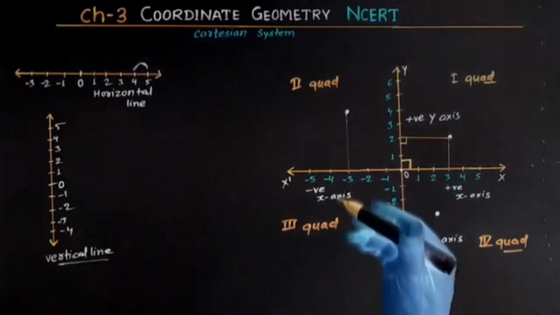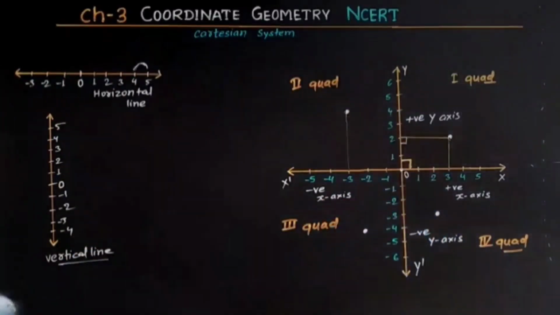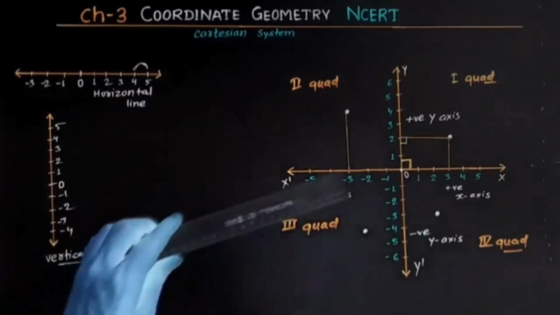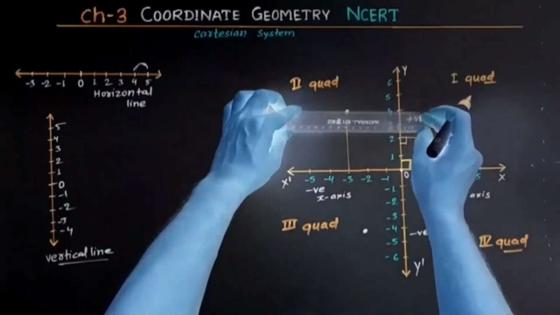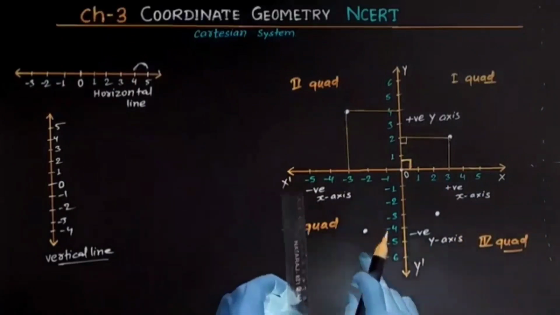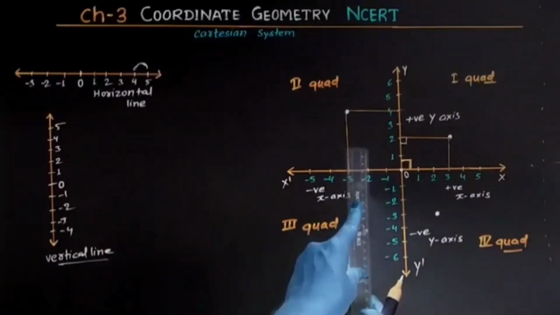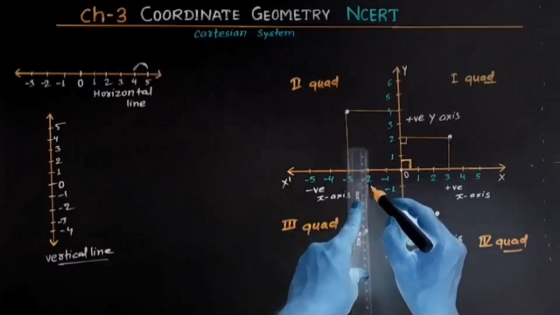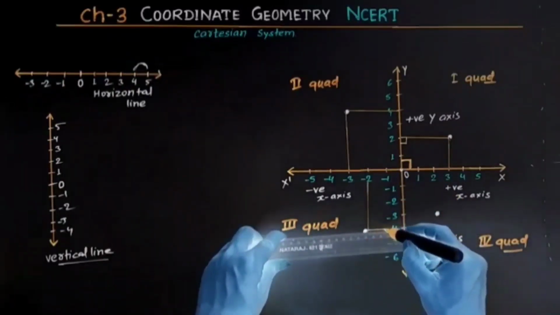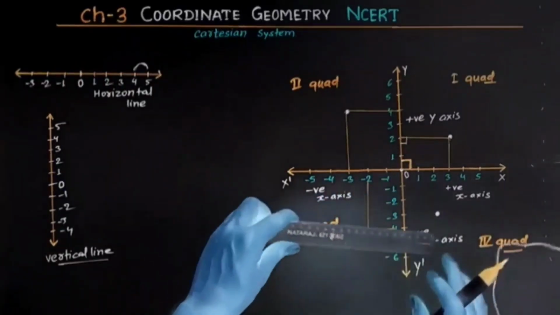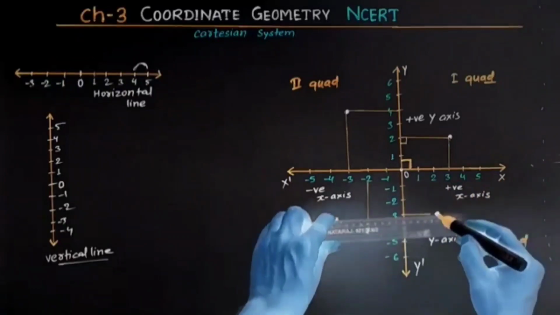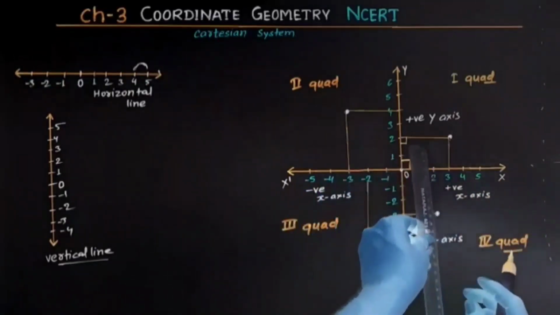Similarly, let us draw a perpendicular from the point in the second quadrant to the x-axis as well as to the y-axis. Similarly, draw a perpendicular from a point, the name of this point is C, to the x-axis as well as to the y-axis.